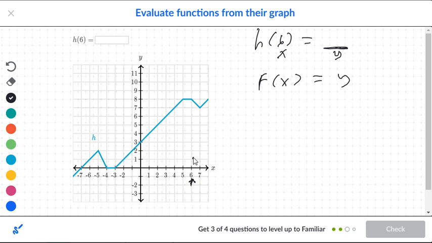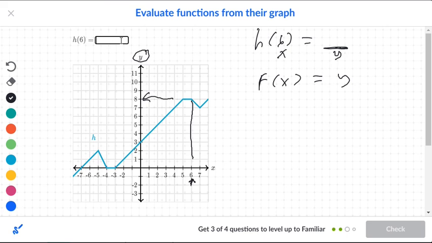Now what I want to do is travel up, and I'm touching it right there. Then I want to look across and I see that it matches with the 8 because we want to use the y-axis. So again, I start at 6 on the x-axis, then I look up and I see that it goes up to 8. So the range, the y on top, is the 8.